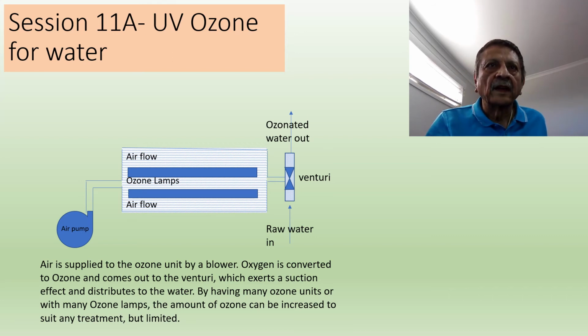As the air flows through the UV lamps, ozone is produced, and this air is sucked through the venturi, where the water from the inlet of the venturi mixes with the ozonated air from the UV lamp equipment and becomes ozonated as it comes out of the venturi.